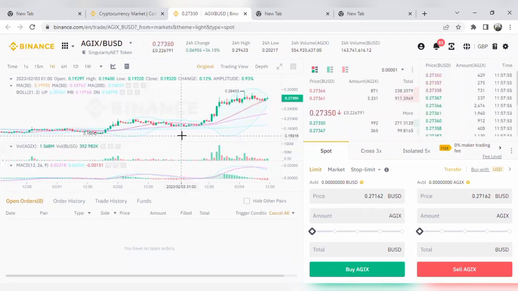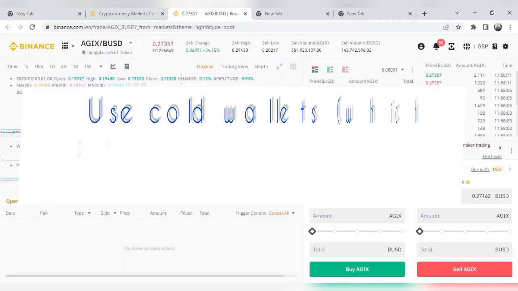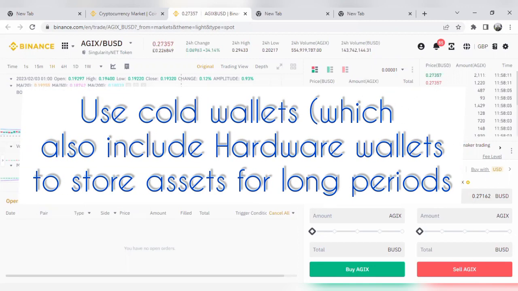Whether it's the most traded or the most used or the most popular, does not mean it is the most secure. We find out that most centralized exchanges are often hot wallets, and cold wallets give you more room for security and are less prone to hacks. So that in its own is a very important form of trade security.